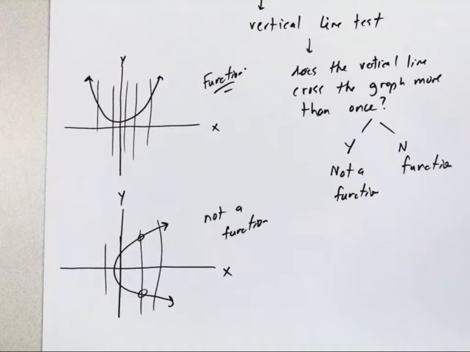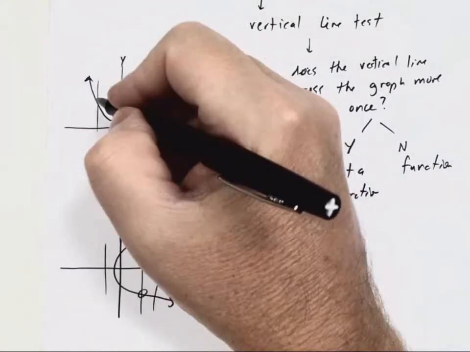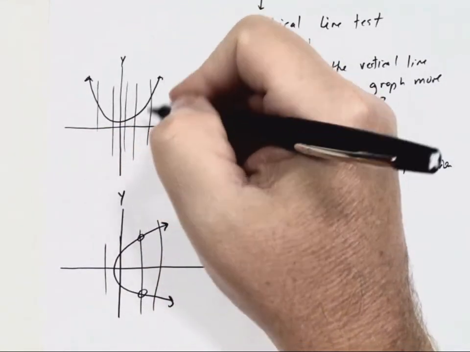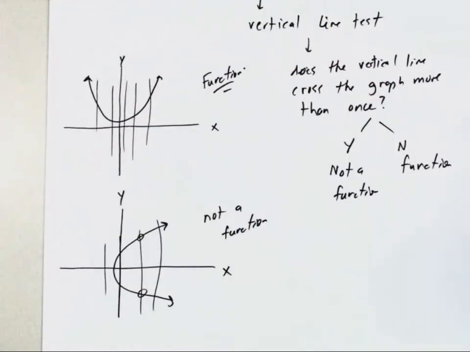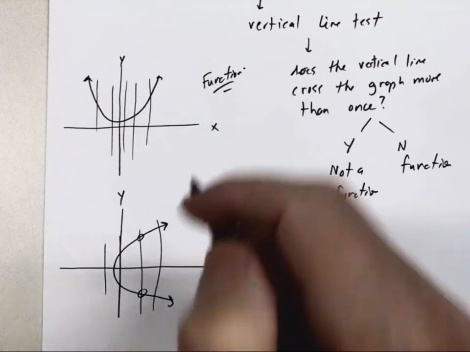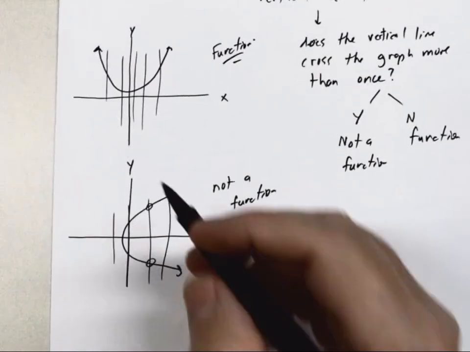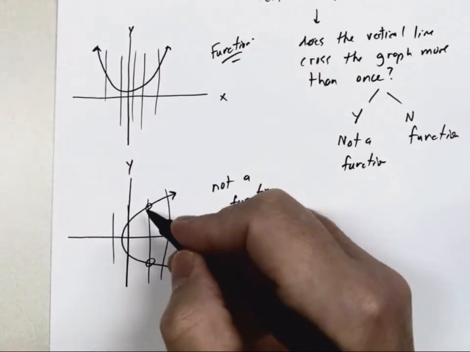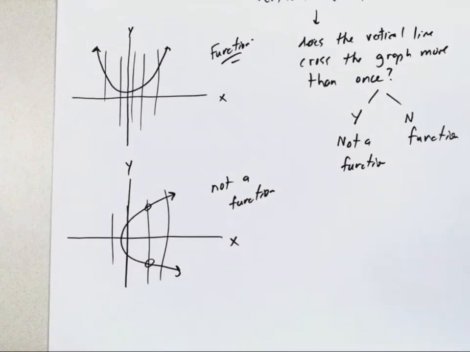Very, very simple to check. In your mind, you imagine a bunch of vertical lines, and you're looking for a vertical line that crosses the graph twice. If there aren't any, you've got a function. However, if you can draw a vertical line that crosses the graph more than once, you say it's not a function.